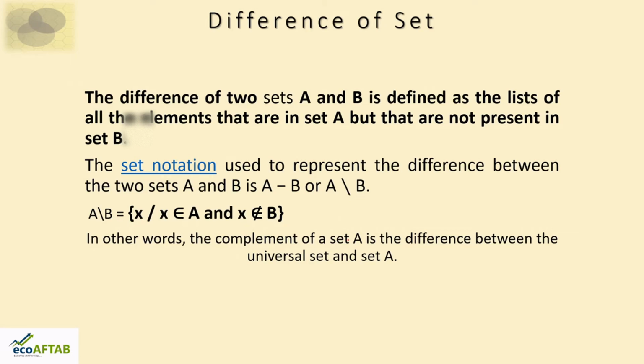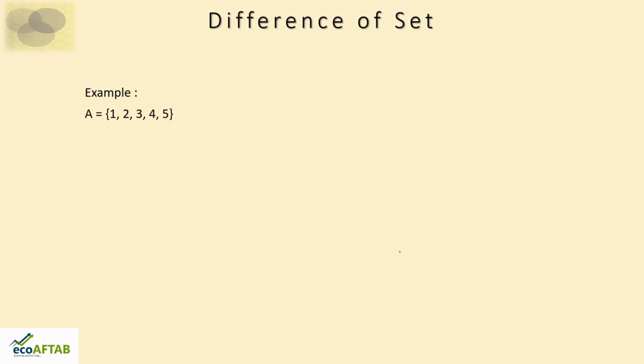In other words, the complement of set A is the difference between the universal set and set A. So what we saw in the previous slide, the same logic is applied here for the difference of sets. Now, as an example, set A is 1, 2, 3, 4, 5 and set B is 3, 4, 5, 6, 7, 9.